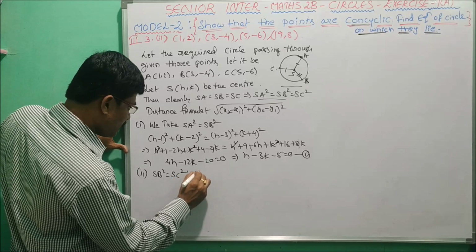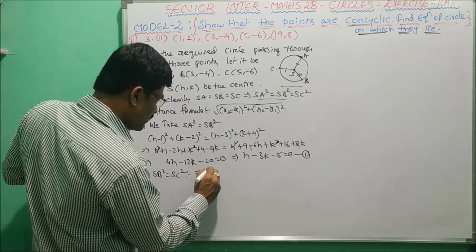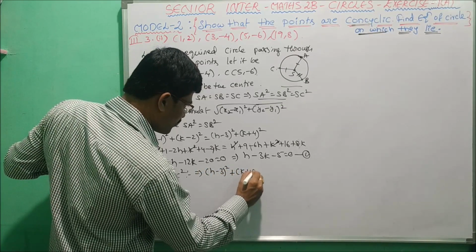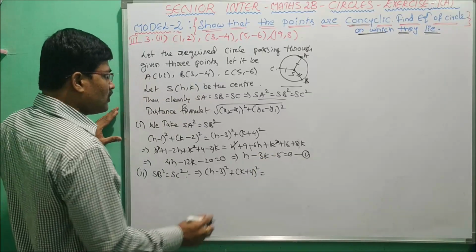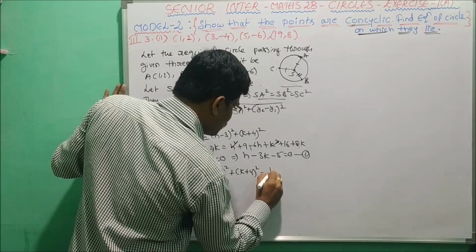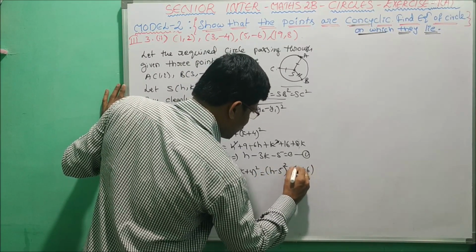In this, S B square means already found in the first condition, that is (h minus 3) whole square plus (k plus 4) whole square, that equals, on the right side, (h minus 5) whole square plus (k plus 6) whole square.